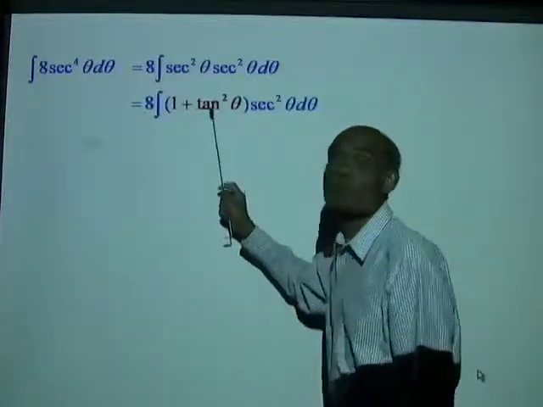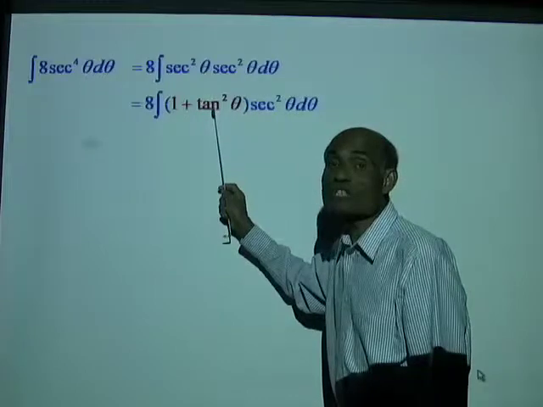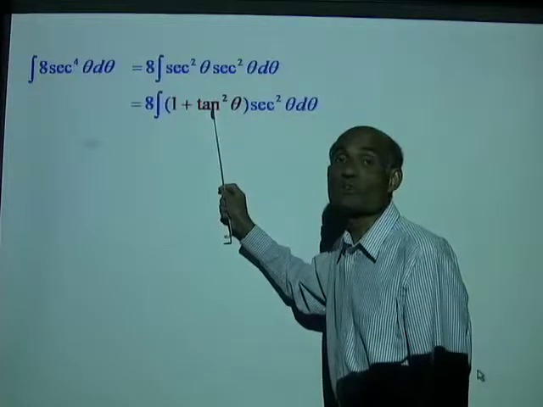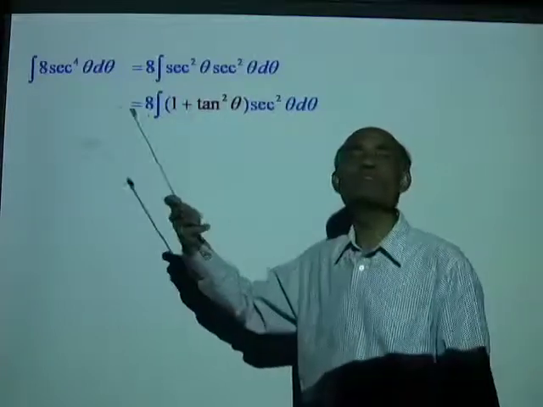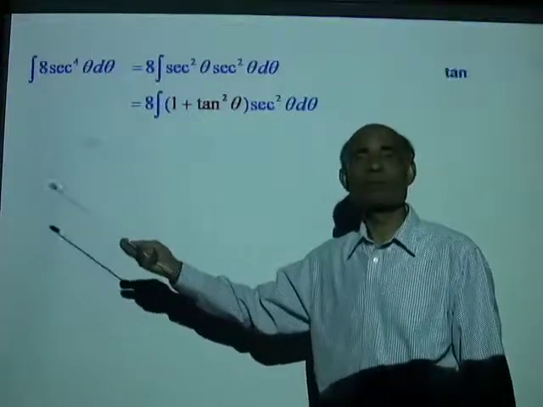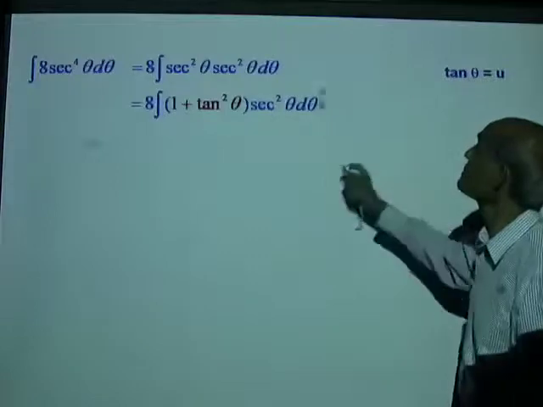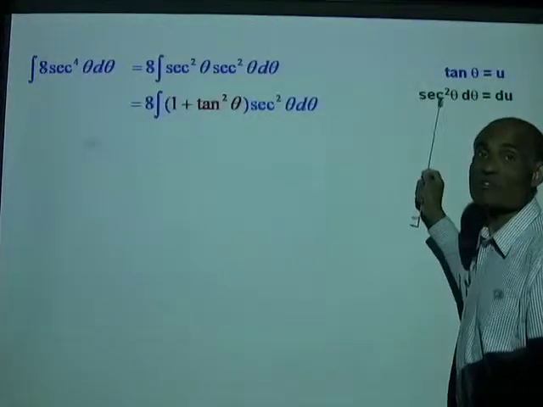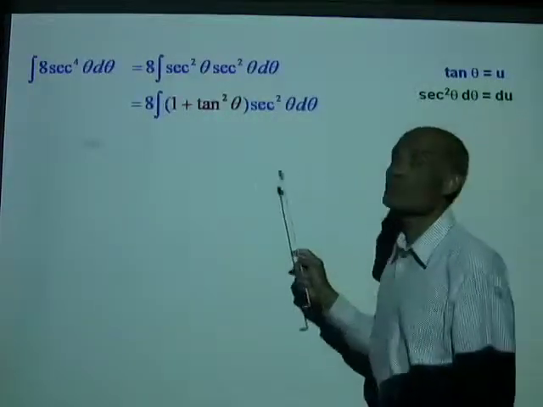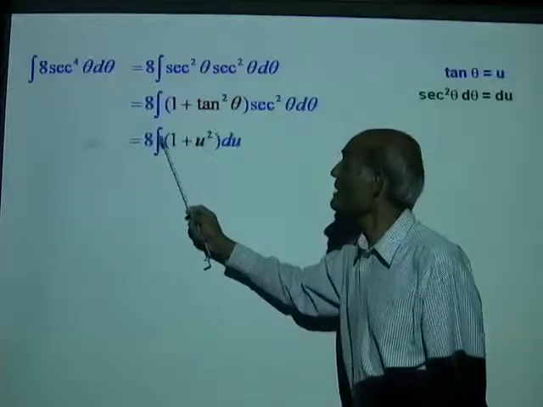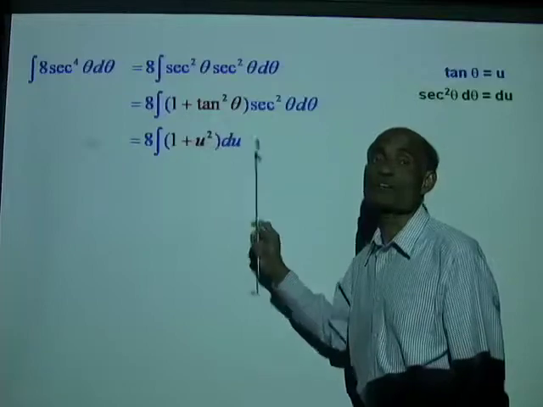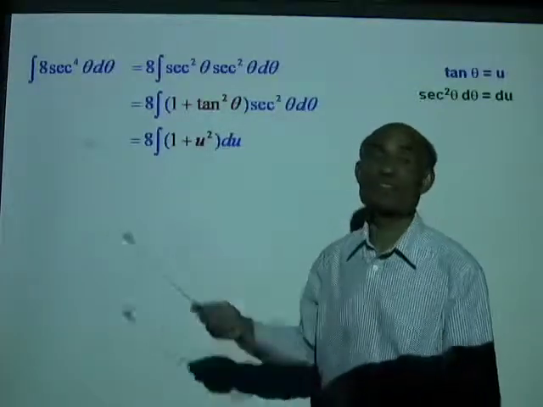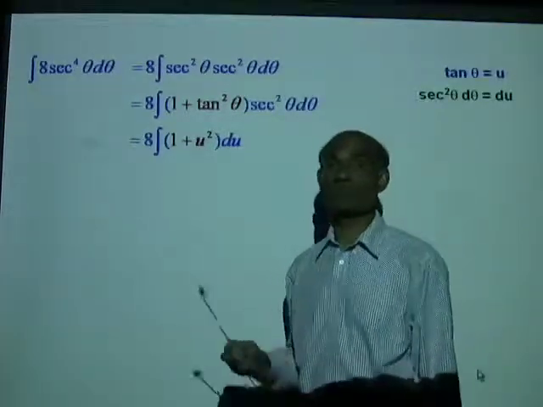Now if you replace tan theta by u, then secant squared theta d theta will be your du. Very simple. So tan theta equal to u, secant squared theta d theta equal to du. This now becomes 8 integral 1 plus u squared du, and this can now be easily integrated.